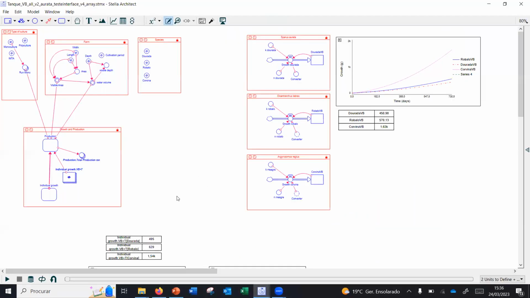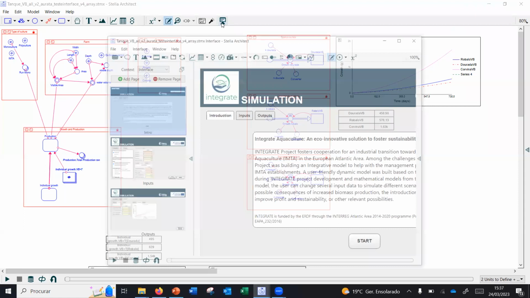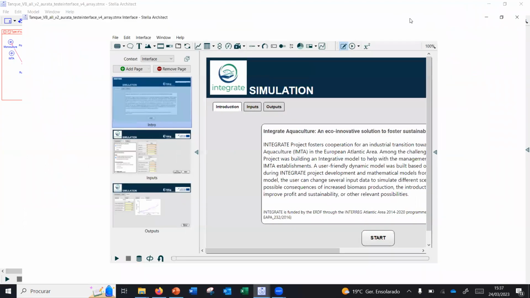So here we have the model, the place where we put the information about the model, the equations, the numbers of the fishes and the other species. So let's present the interface.